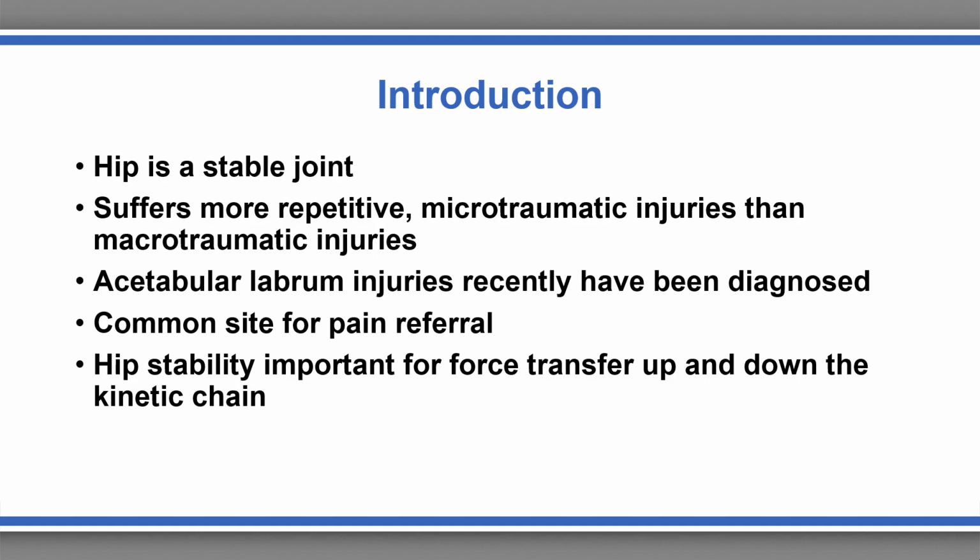The hip is a stable joint with extensive range of motion in 3 planes. As you may recall, the socket is quite deep and reinforced with strong ligaments for stability.